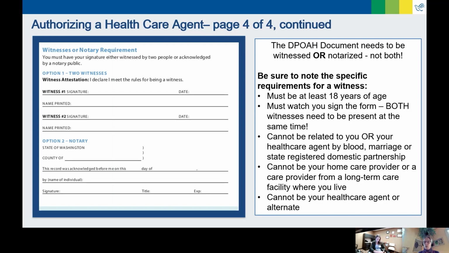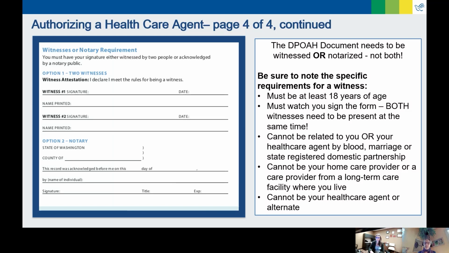Lots of banks will do notary for free. So notary is helpful to make it more of a legal document in some people's eyes, because even though Washington does allow two witnesses or a notary, there are many states that require notary to make these documents valid. So if you ever plan to leave the state of Washington, as most of us do, it might be helpful to get it notarized.